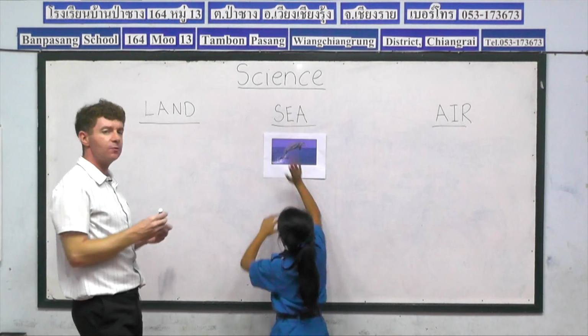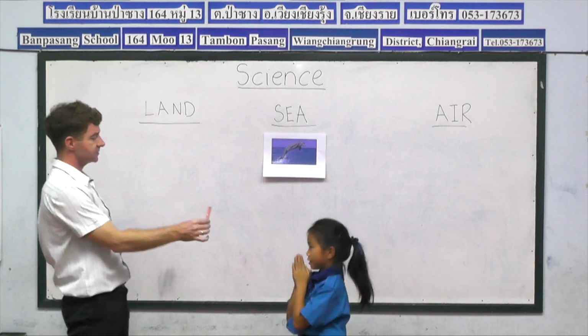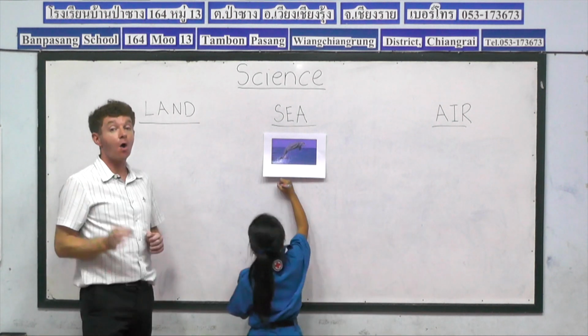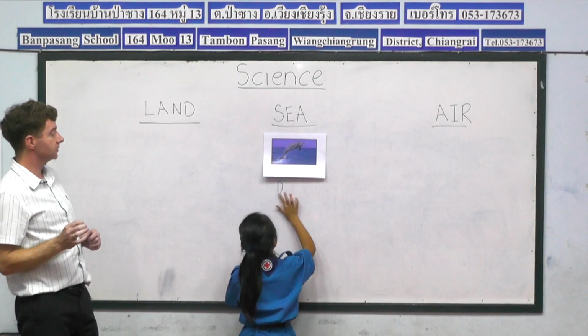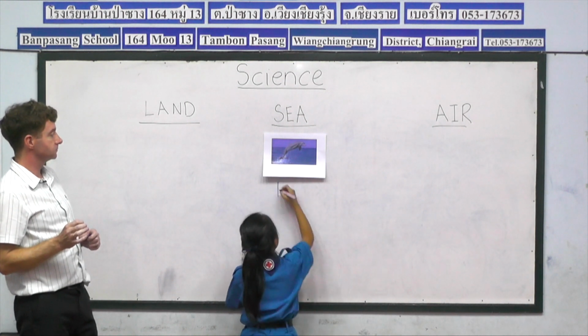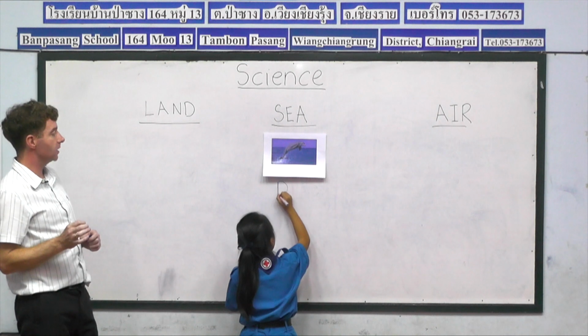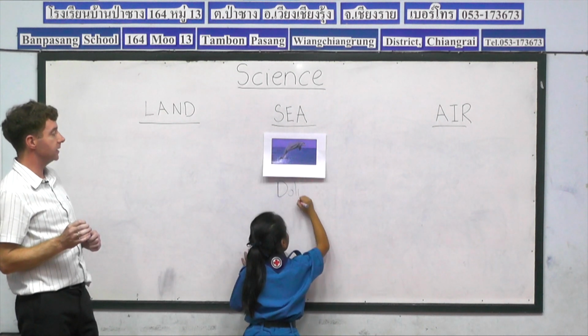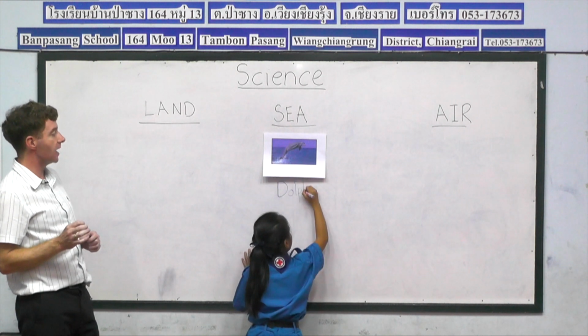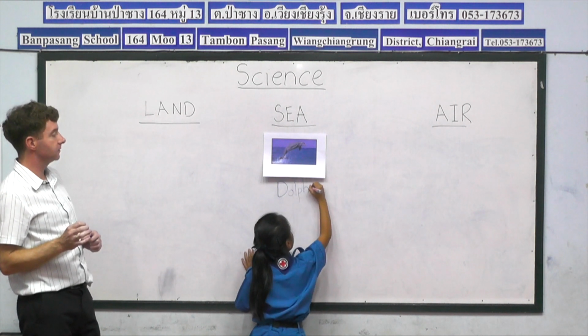But now, how do we correctly spell dolphin, guys? D, O, L, P, H, I, N.